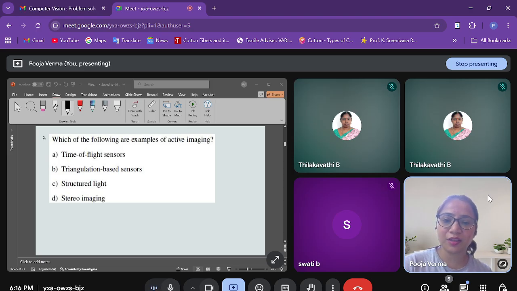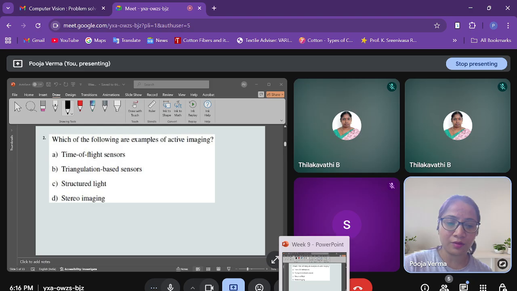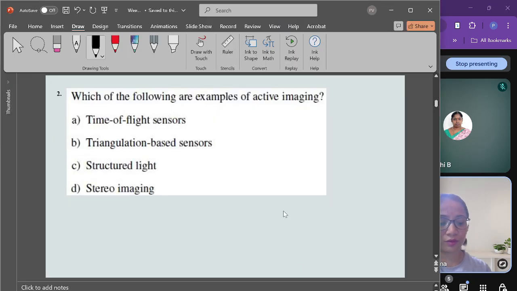And stereo imaging is passive imaging. So A, B, and C are the correct answer for this question because these three are examples of active imaging, and this one is related to passive imaging.